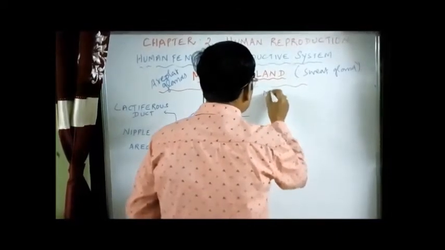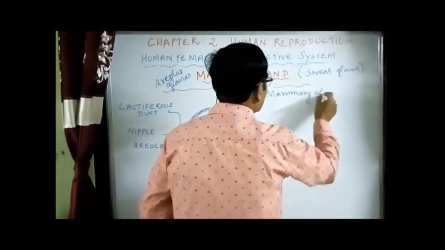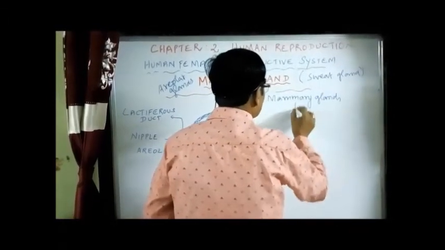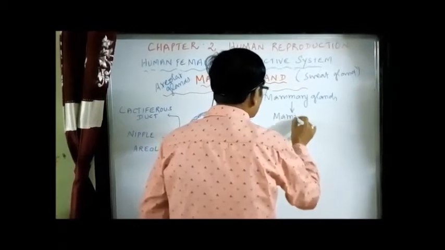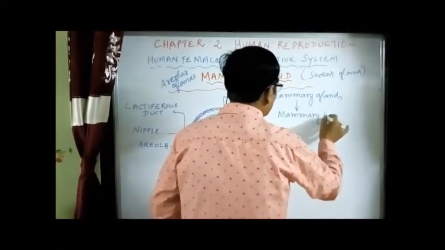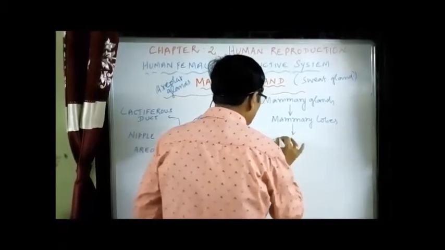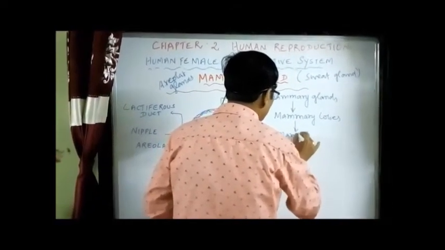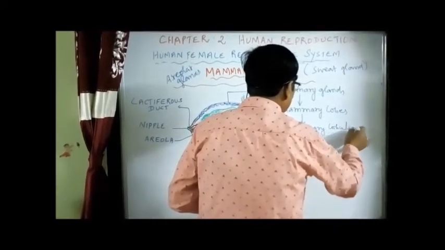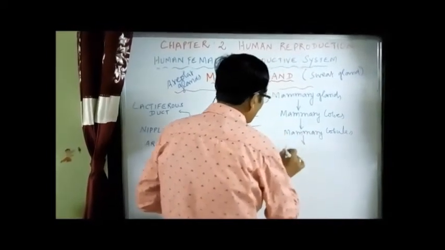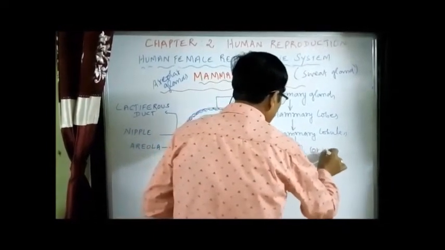We have the mammary gland, which is divided into mammary lobes, which are divided into mammary lobules, which contain alveoli or acini.